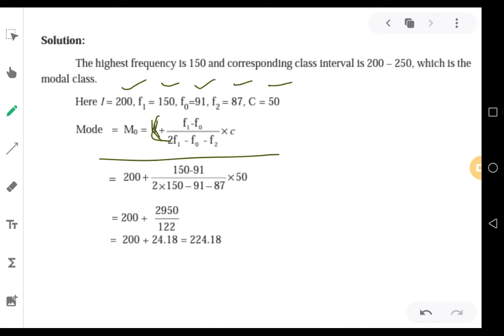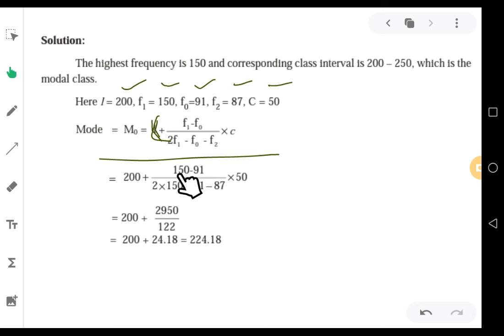Now substitute the values in the formula. L is 200, plus F1 minus F0, that is 150 minus 91, divided by 2F1, that is 2 into 150, minus F0 91, minus F2 87, into C. C is 50, so put 50.